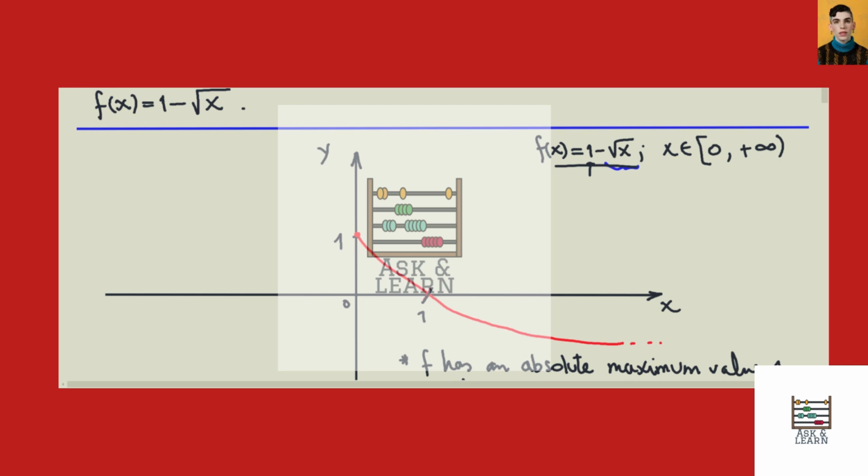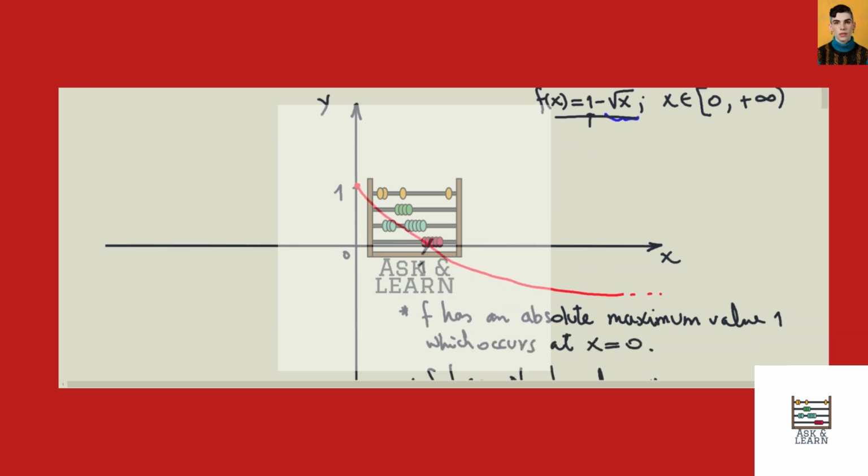We did that because that's the way of graphically finding the inverse of a function. After that, we changed the sign of the function, which was a reflection with respect to the x-axis, and then we displaced upward 1 unit. And with all those transformations, we got the function f, which is this red line here.